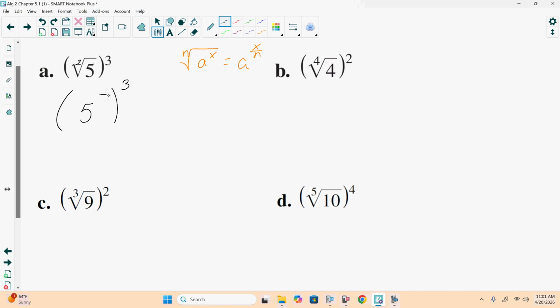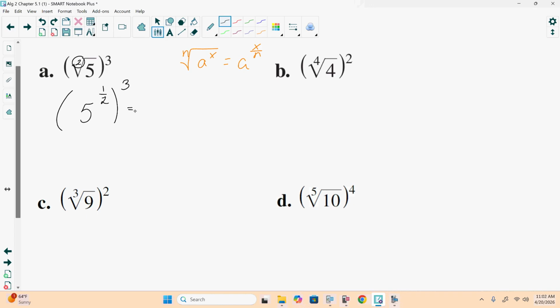Because the 5 inside that radical does not have an exponent written, it's understood to be 1. So the number on top of this fractional exponent is going to be 1. The number on bottom is the index, so it is 2. So 5 to the 1/2 is the same as the square root of 5.